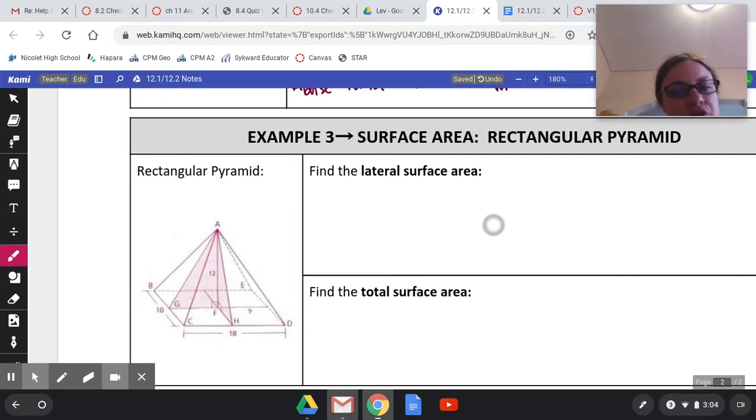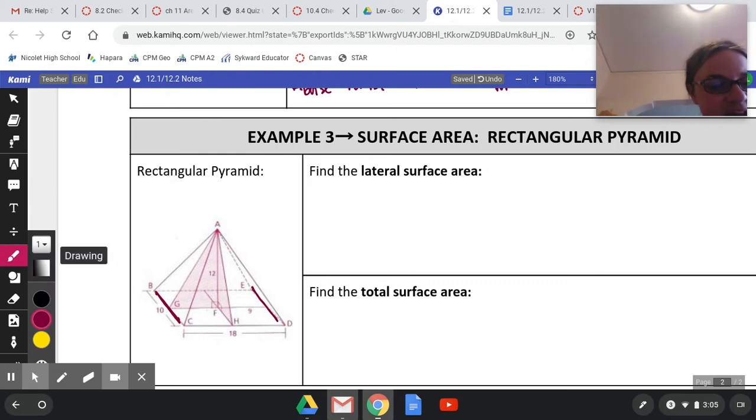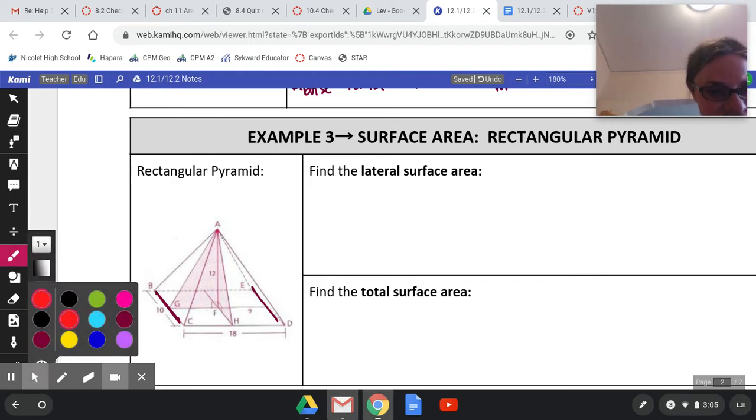All right, so the lateral surface area, because I have a rectangle, all of my triangles going around the side, all of those lateral faces, are not going to all be the same. I will have 2 of them that have a base of 10, and then I will have 2 of them that have a base of 18.